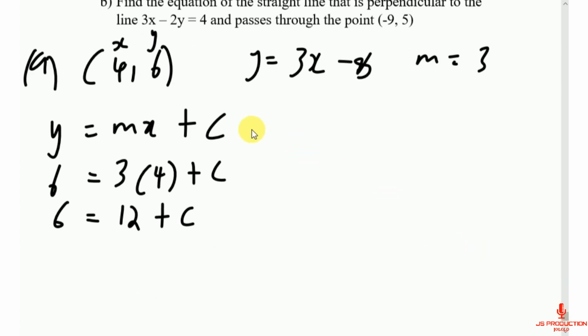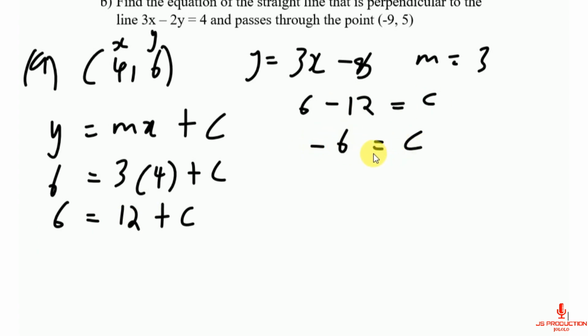When 12 goes to the other side of the equation, we can say 6 minus 12 is equal to c. 6 minus 12 is -6, so c is equal to -6.